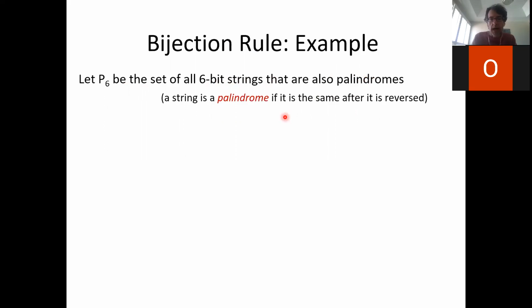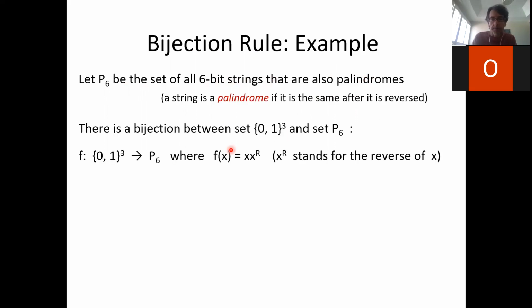Well, okay, how do you count? There's a bijection from 3-bit strings to the palindromes. This bijection is super easy. Take a 3-bit string X and concatenate it with its reverse. The reverse of X is the same bit string, but in the other direction, in reversed order.